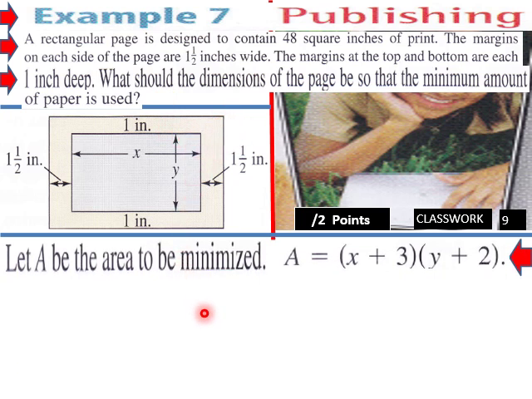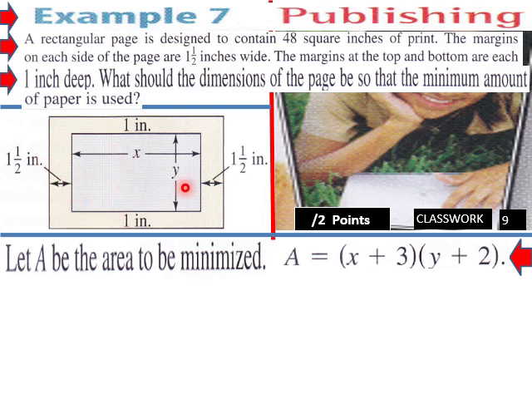Okay, so let A be the area to be minimized. So the area here is x plus 3 and then y plus 2, because we're going to use this as our x axis down here, and we have x plus 3 here. This is the area that we want to print, where our print will be.